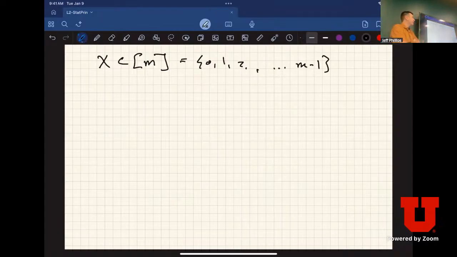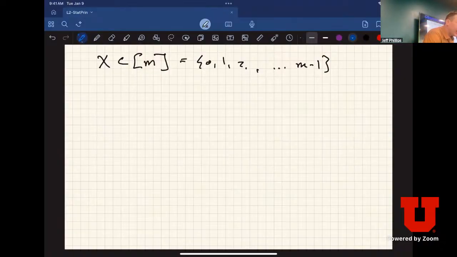They're M numbers. You can count from 0 to M minus 1, or you can count from 1 to M, so it's not going to matter, okay? In fact, we don't care that it's these numbers. This is how computer scientists would index them. But they're going to be placeholders, an abstract placeholder for something else where there's a fixed universe, right?